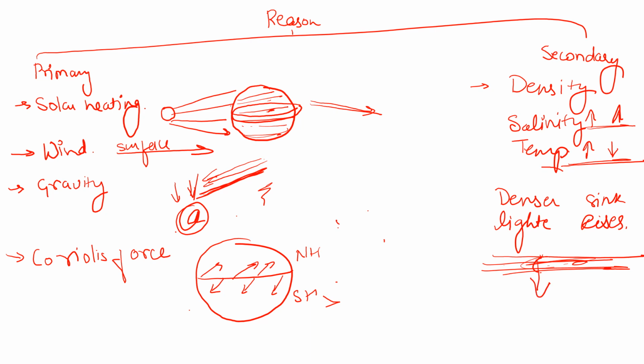And since the water present at the bottom is not so dense, it will rise up. Similarly, the water at the top, which is colder, will be denser and it will sink. And water at the bottom, which is warmer, will tend to rise. And it leads to vertical movement of water. Okay.